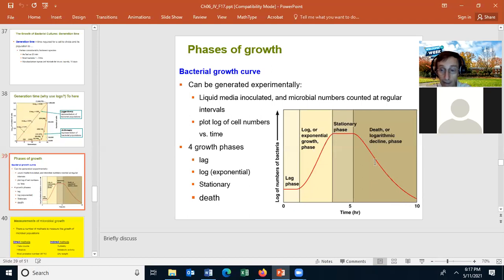Everyone understand that? Anyways, these are the 4 phases of growth: a lag phase, a log phase, a stationary phase, and then the death or decline phase.